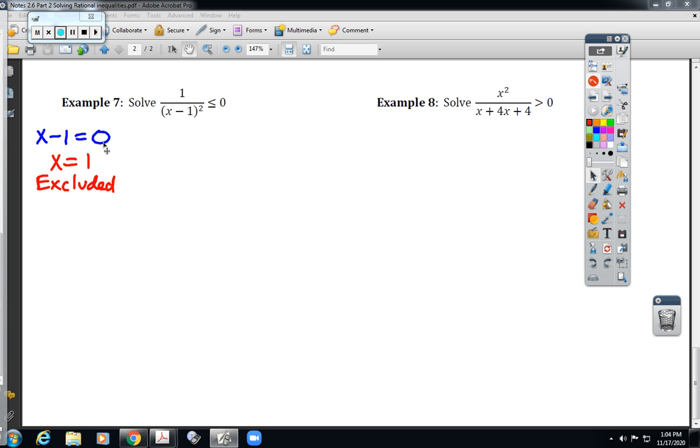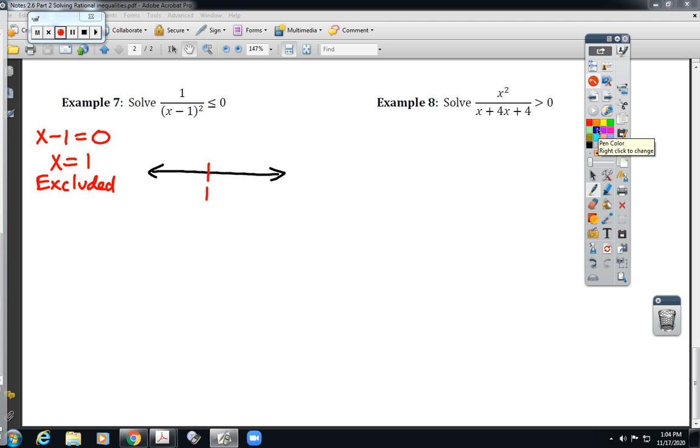Alright, so when we go to do our sign chart, there's only one value on that sign chart. That is the excluded value of 1. There are no zeros for this function, so we don't have to worry about that. We check a value on each side of 1, starting with 0.